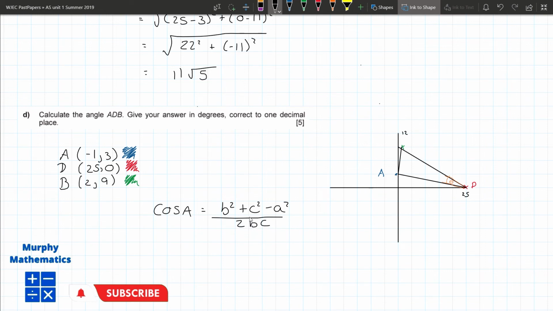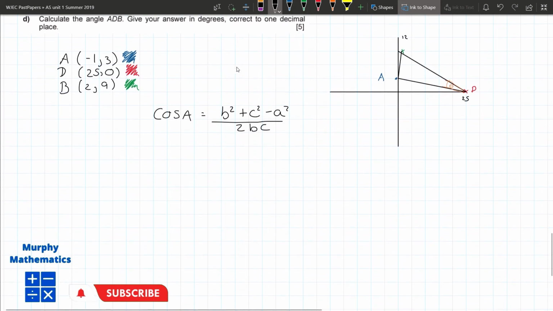And now let's just write these onto our graph. So because I'm finding cos A, our side on the right needs to be A. So this needs to be A. So then this length is going to be little a.